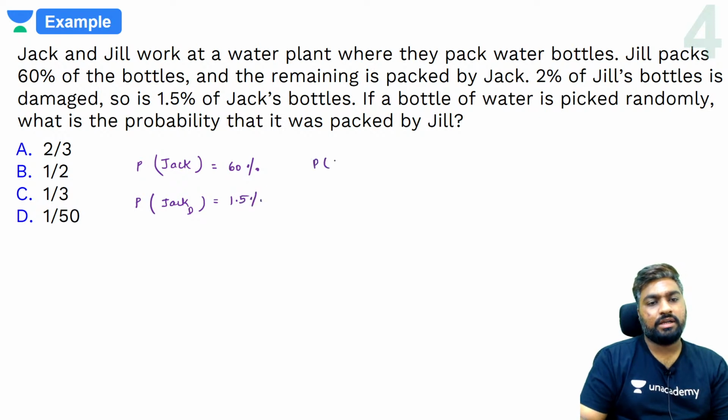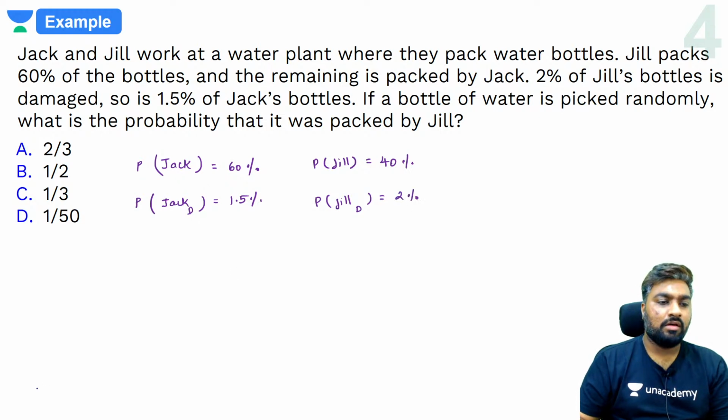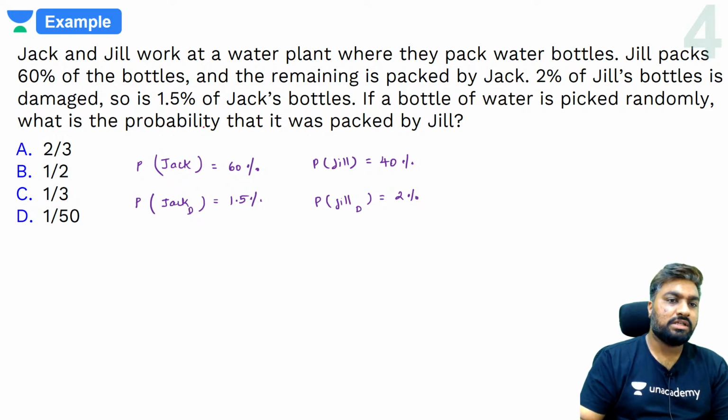Same way, probability of Jill packing a bottle is how much? Remaining 40%. Probability of Jill packing a bottle that is damaged is how much? 2%. What are they asking? They're asking if a bottle of water is picked randomly, what is the probability that it was packed by Jill?